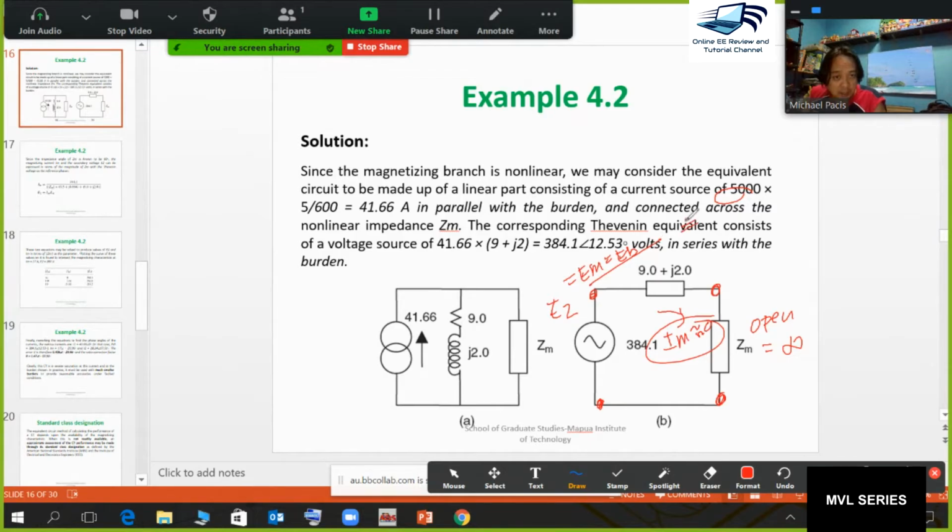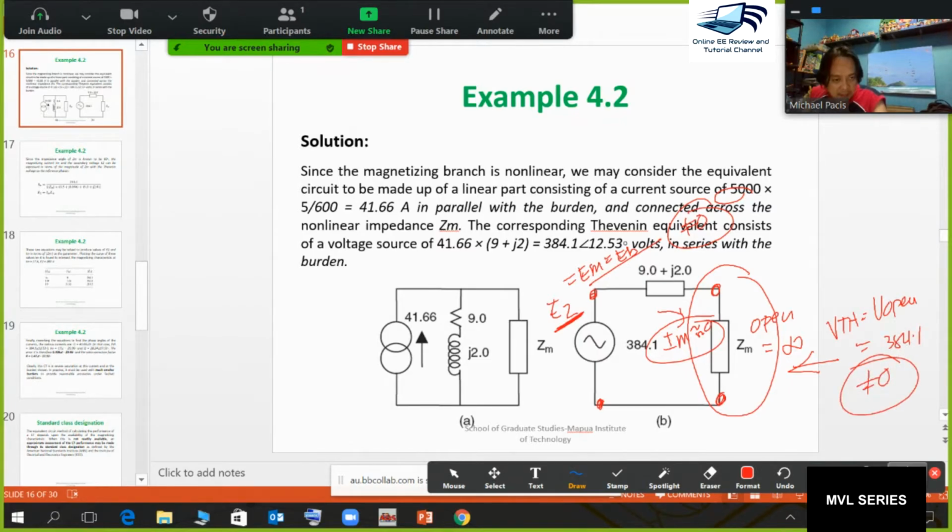Why? Because this is the open circuit voltage. Although this is open and the current is zero, the voltage looking at this terminal point, the Thevenin voltage, is equal to V open. Therefore, the answer is 384.1, not zero.